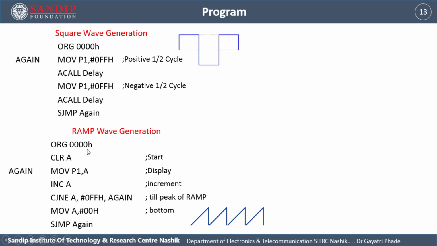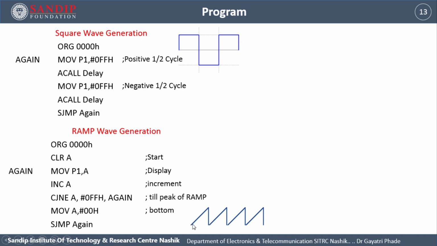Starting with memory location 0. The starting point is 0, that's why we have taken 0 into the accumulator and sent it to the port. So we are at this particular position. With INC A, we start incrementing the count of the accumulator bit by bit, and we display it to the port.